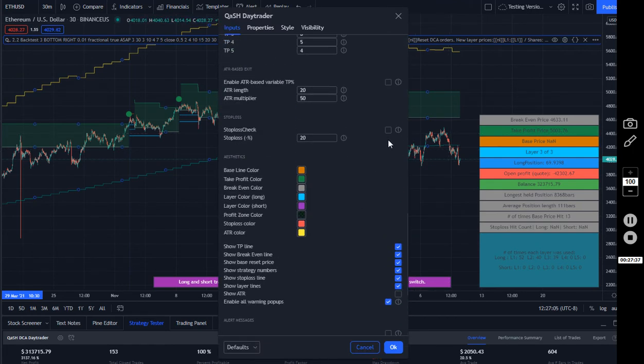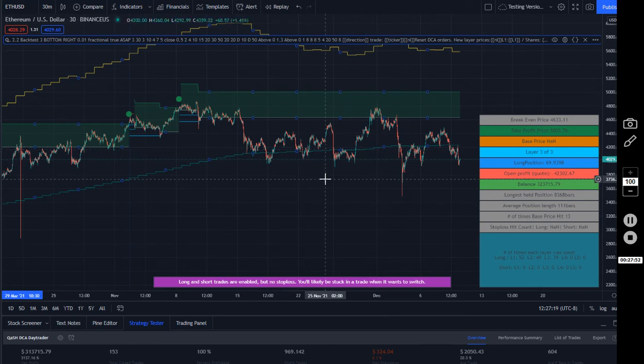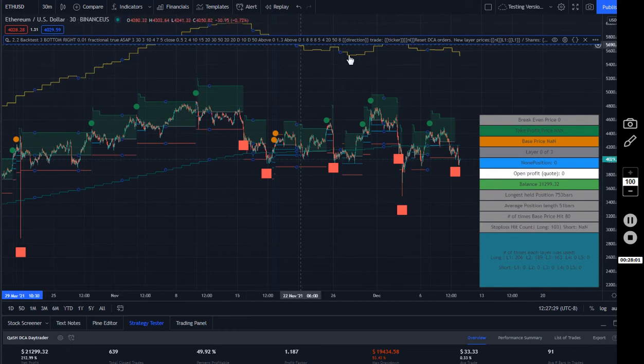So that's going to cause problems. So let's turn this on and set the stop loss to, what should I do, 8%? Sure, let's do 8%. So now when it updates, it's going to show you that it's only allowed to enter long trades when it's in this range, when it's below this yellow line, and it's only allowed to enter short trades when it's below this green line.